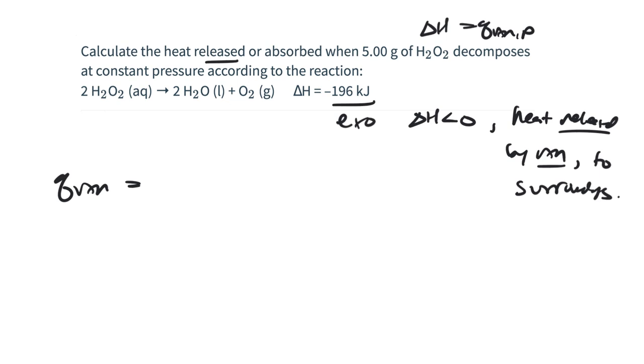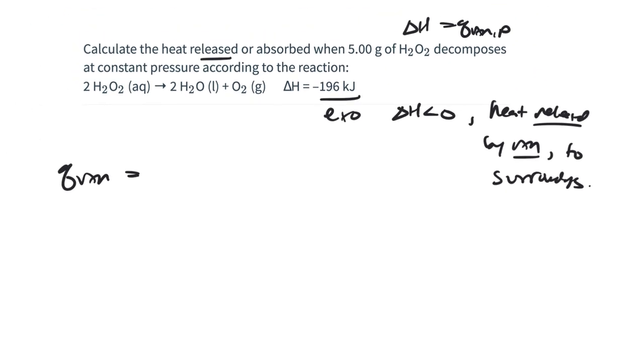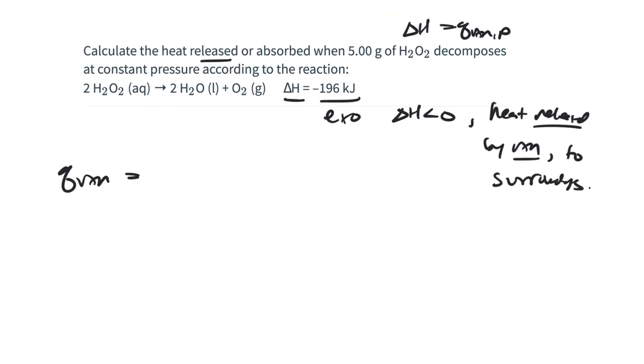For a balanced reaction, I usually think delta H. Even though they're equal to each other, and you could theoretically sub the two in, like you could say Q reaction is equal to minus 196 kilojoules, it's more common that we have a balanced reaction that we say is delta H. And if I then say when 5 grams reacts, what's the heat change of that reaction, which is in a way delta H as well, symbolically I usually say Q reaction for a limiting amount of the reaction, like 5 grams of the hydrogen peroxide reacting.